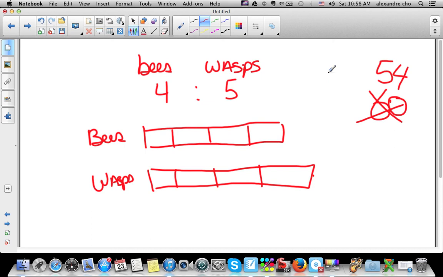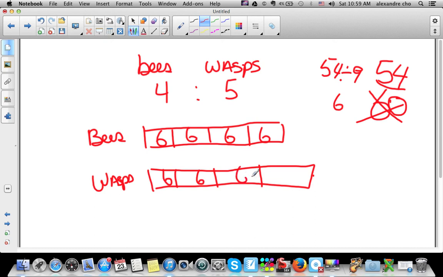So the ratio of bees to wasps is 4 to 5. If I had 54 of those insects here, how many of them would be bees? How many of them would be wasps? Using a tape diagram, I know that I have 54 and I want 9 squares, so 54 divided by 9 is 6, which means each of them would be 6 like this.